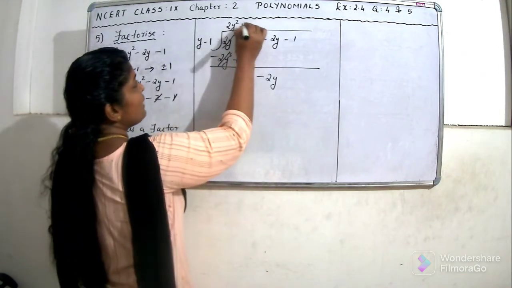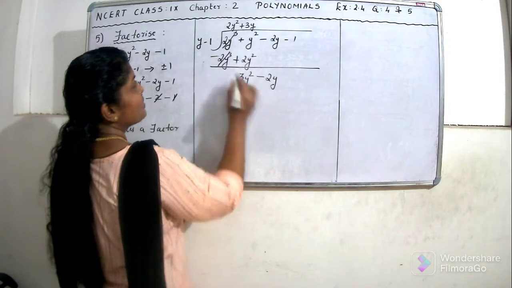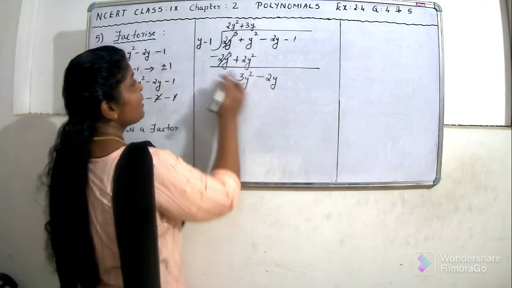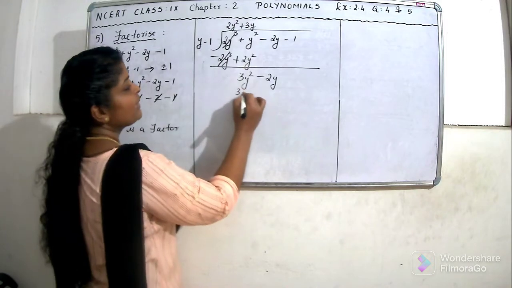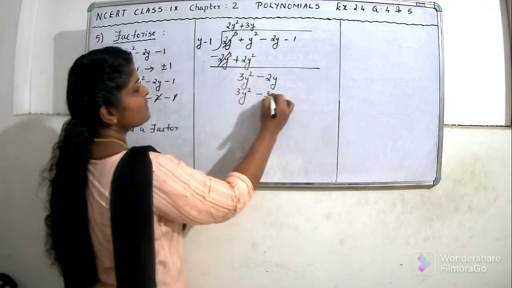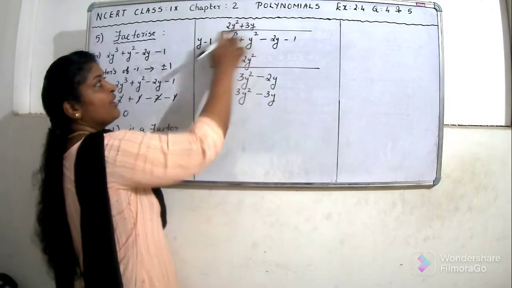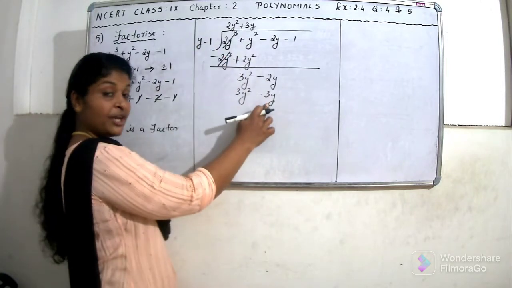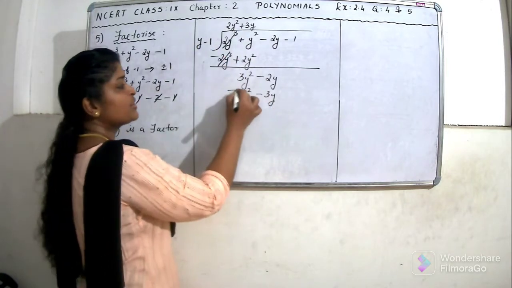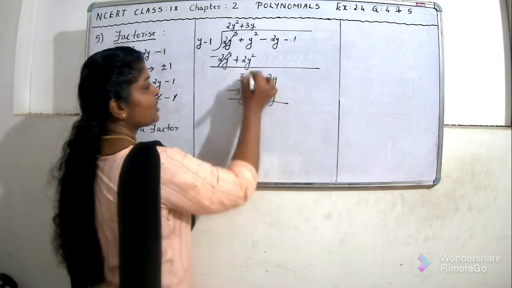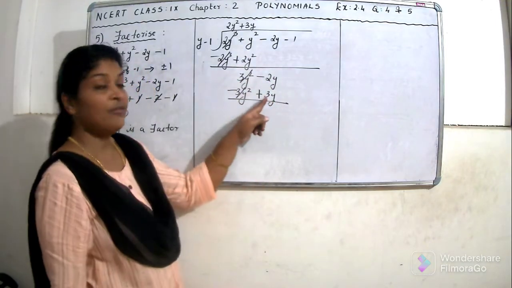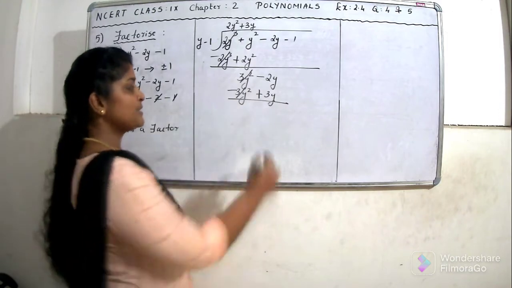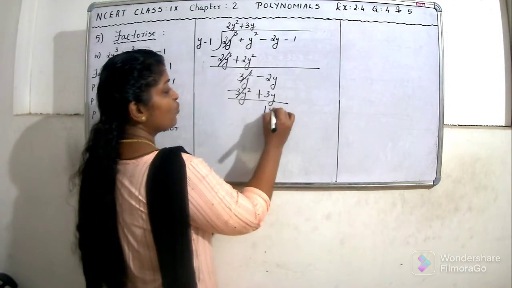So plus 3y. So when we are multiplying these two, that means y minus 1 into 3y, so we will get 3y square minus 3y. 3y into negative 1, negative 3y. Now subtraction, signs are changing. This 2 eliminated. Here subtraction we have to do. 1 we will get and bigger number sign is plus. So positive 1y.